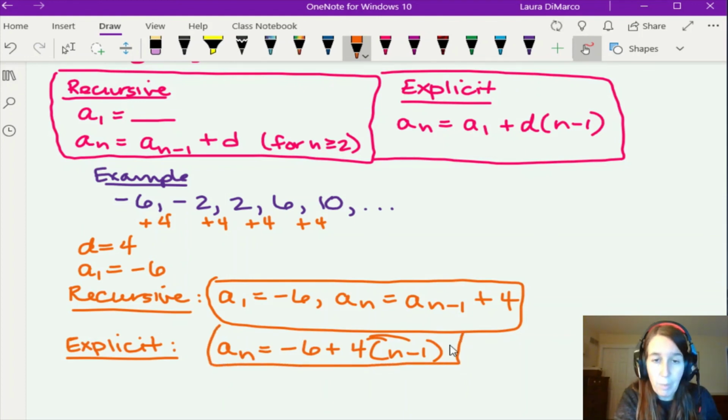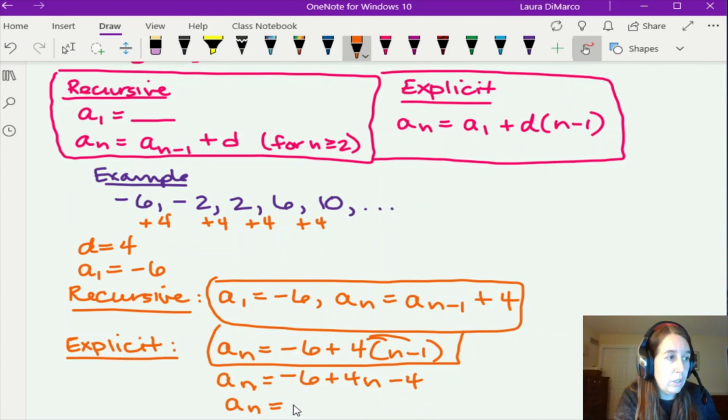I have no problem with that answer. But sometimes we're going to see it more simplified. So that would be -6 plus 4n minus 4. So in other words, a sub n is equal to -10 plus 4n. So that's a simplified version of that formula.